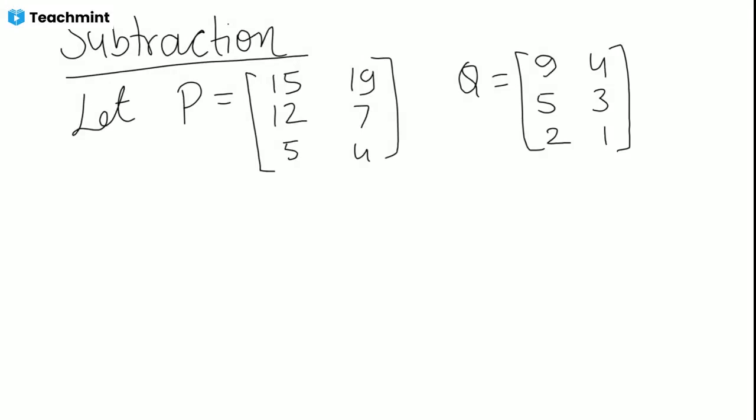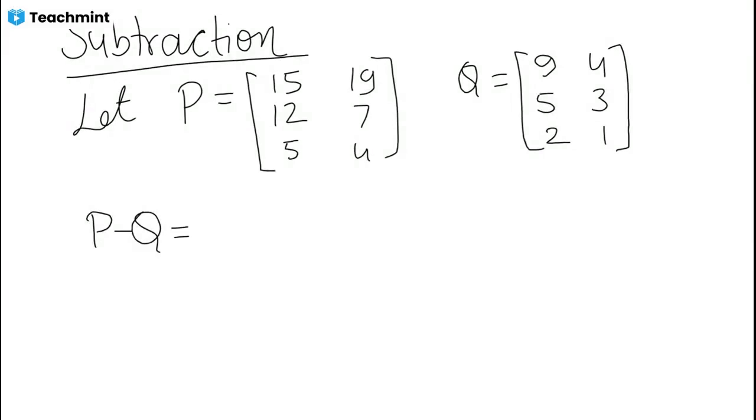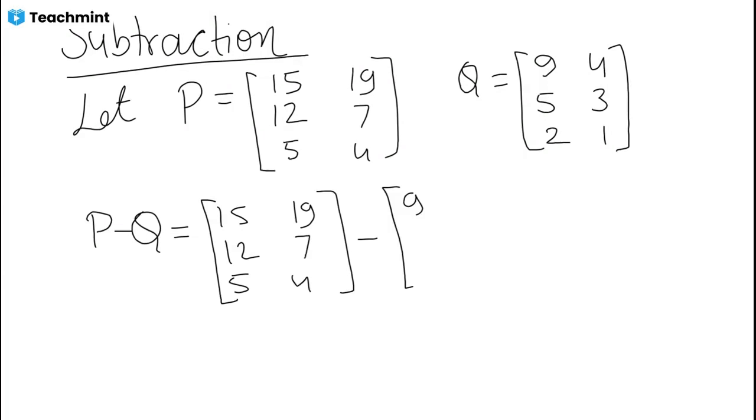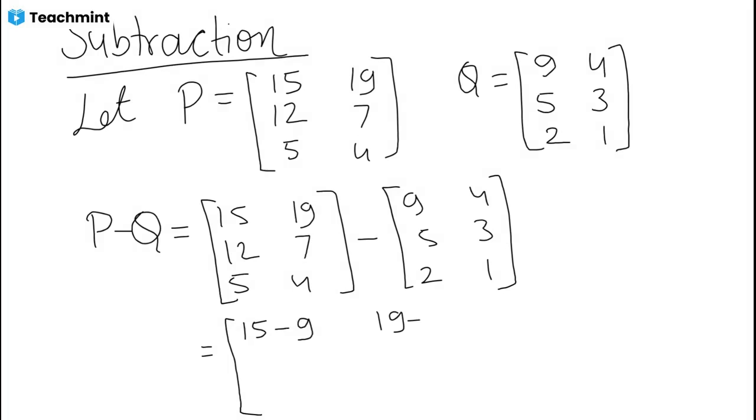We need to find the difference of P and Q. So write down P first: 15, 19, 12, 7, 5, and 4, minus 9, 4, 5, 3, 2, and 1. Now let us find the difference. Just subtract the corresponding elements of Q from elements of P. So 15 minus 9, 19 minus 4, 12 minus 5, and 7 minus 3, 5 minus 2, and 4 minus 1.